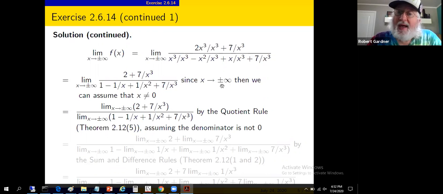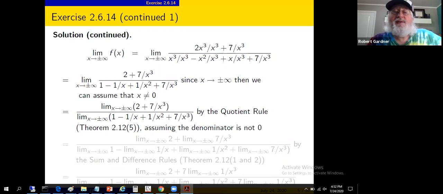It's bigger than that when x approaches positive infinity, say. So yes, we are justified in saying x is not 0, and we can cancel these x cubes. Here we have an x squared over x cubed. Cancel, that leaves you with a 1 over x, a 1 over x squared here, and there's nothing to cancel there. So we do that cancellation of the x values, justified by the fact that x is non-zero.